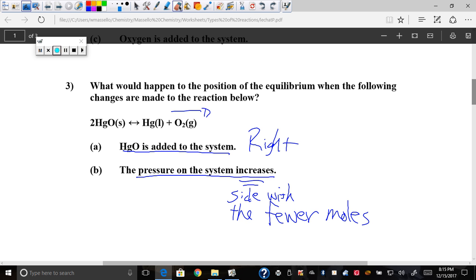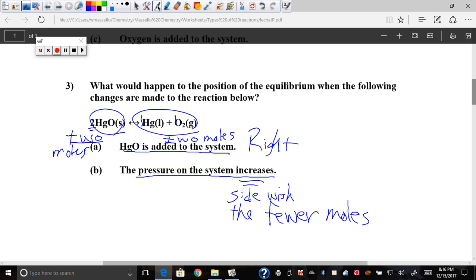This is a toughie. You have a total of 2 moles over here. Okay? Because it says 2. And then you have 1 mole here and 1 mole here. Well, on this side, you have 2 moles. So which way does it go? Does it go to the side with 2 moles, or does it go to the side with 2 moles?